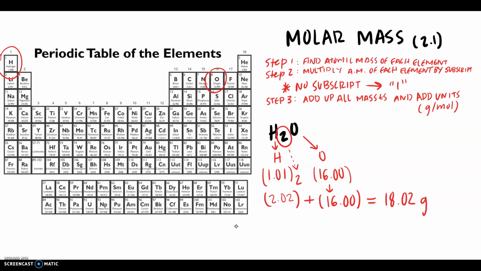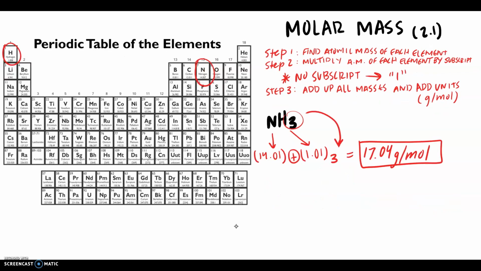And then we have to add our units, right? So here, this was step 3. And this was step 2, our multiplication. And lastly, we just have to add our units, right? Grams per mole. So the molar mass of water is 18.0.